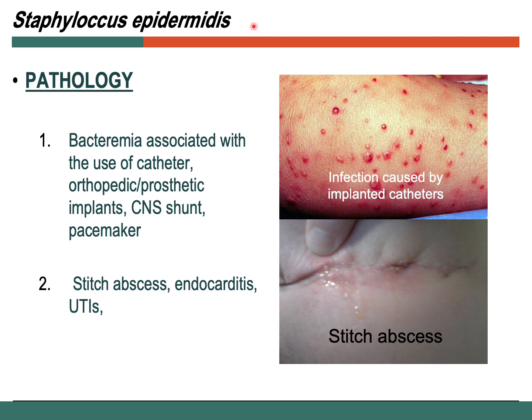This capsule aids the microorganism to resist phagocytosis, and the slime also helps the organism adhere to certain surfaces. Staphylococcus epidermidis is also associated with stitch abscess, endocarditis, or even UTIs.